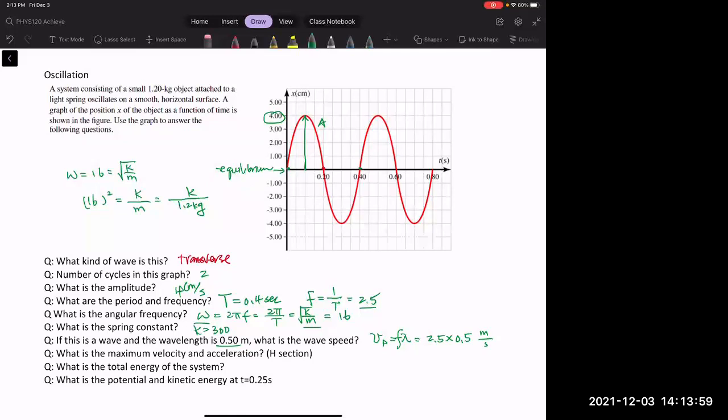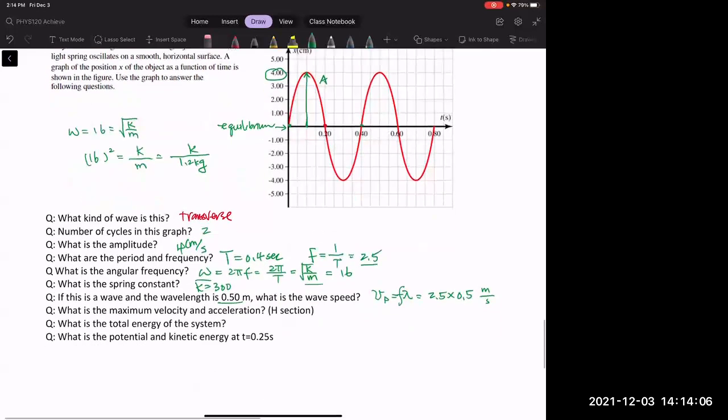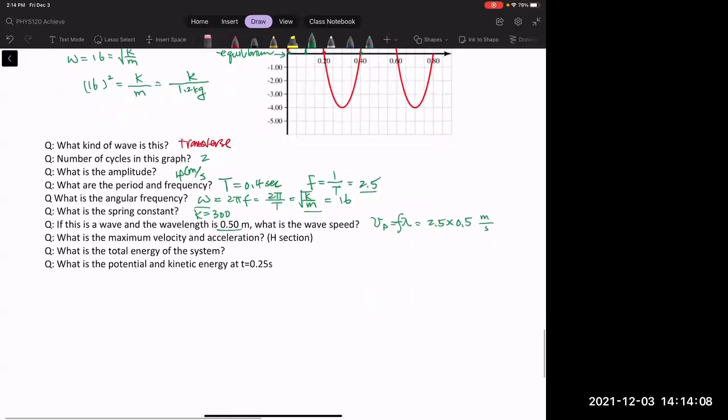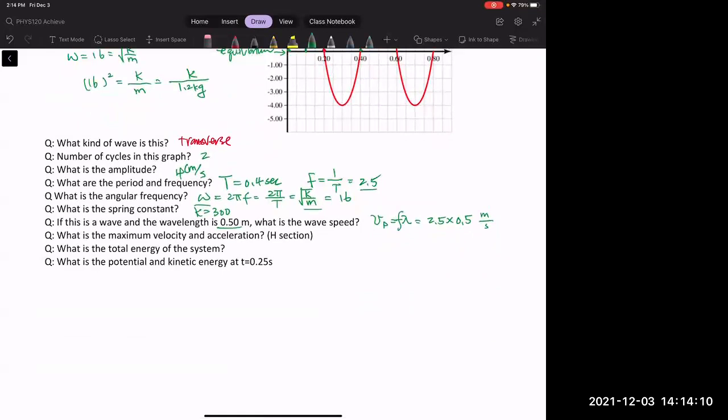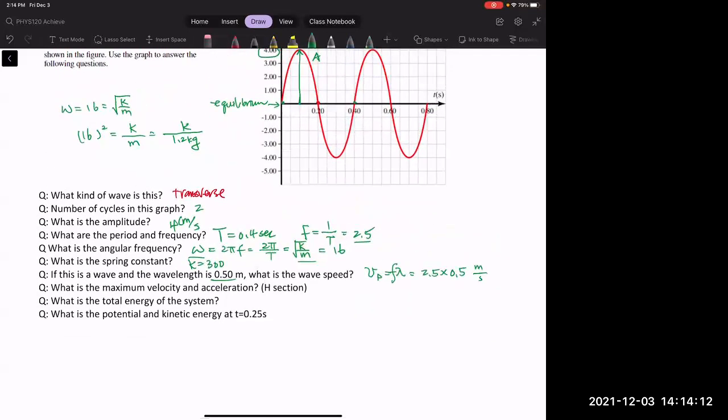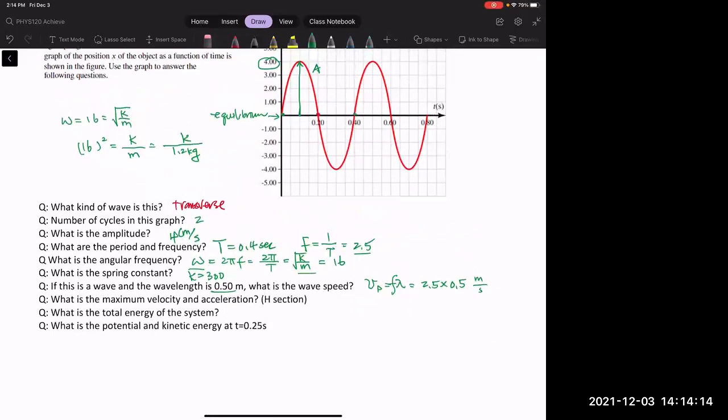The next one is, what is the maximum velocity and acceleration? And this one, particularly for the honor section, you need to know how we can actually write the equation for this motion. So the model of the motion is some kind of cosine function.